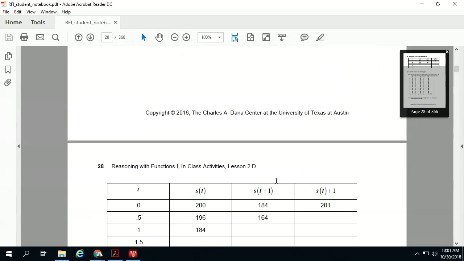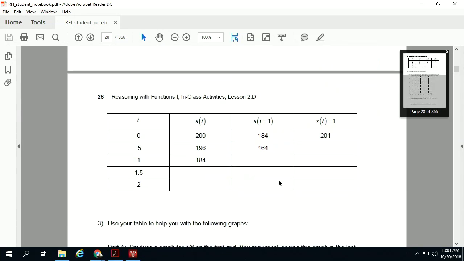So, use the formula for S of t given. Let's fill in the table here where we have t is 0, 0.5, 1, 1.5, and 2. So S of t, it tells us, is 200, 196, 184.